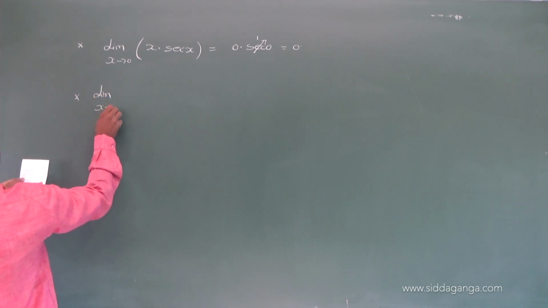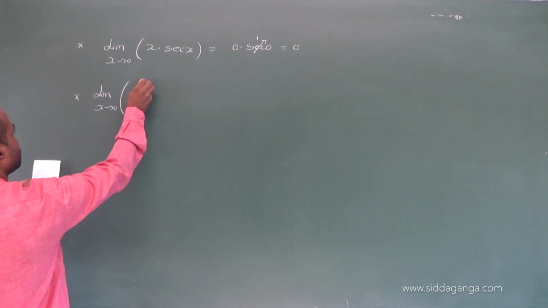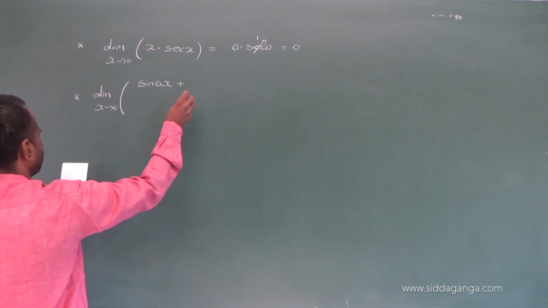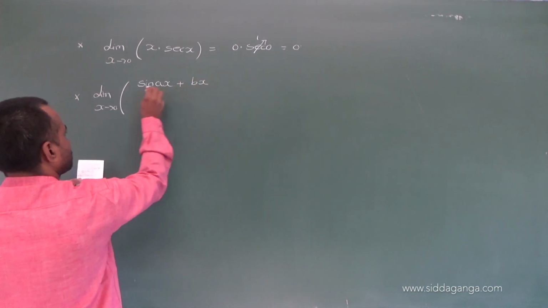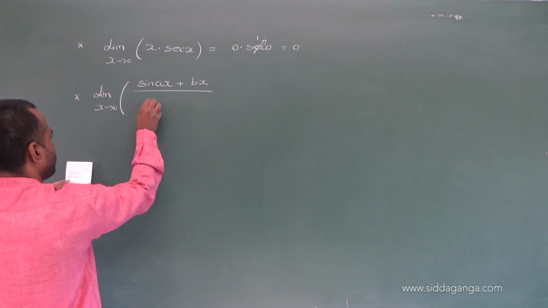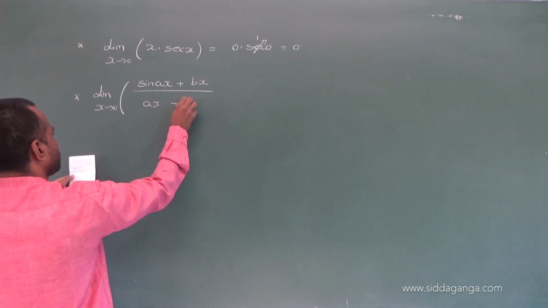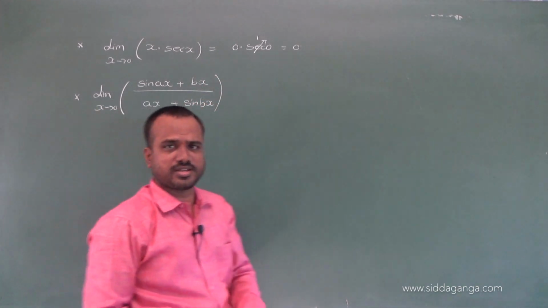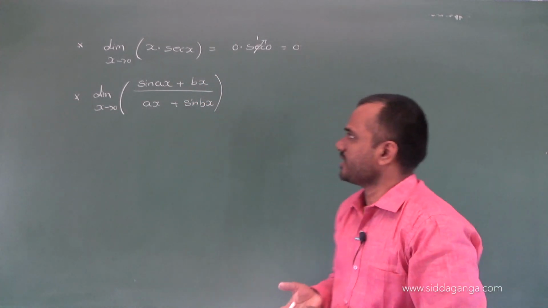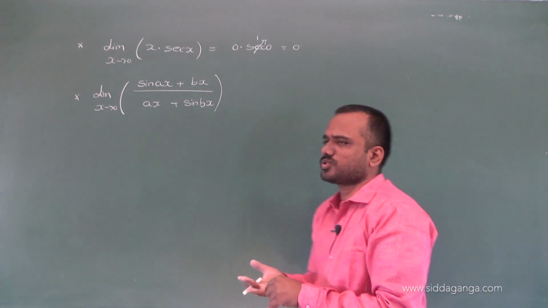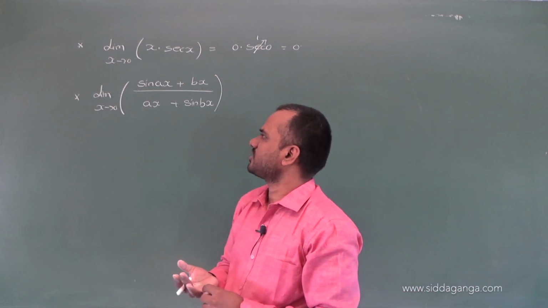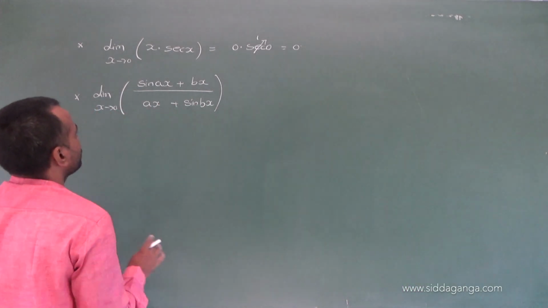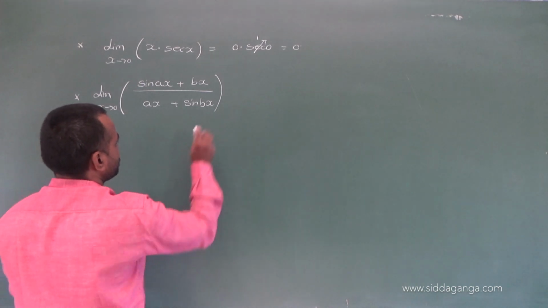Limit x tends to 0, sin ax plus bx divided by ax plus sin bx. First step, wherever x, we substitute 0.